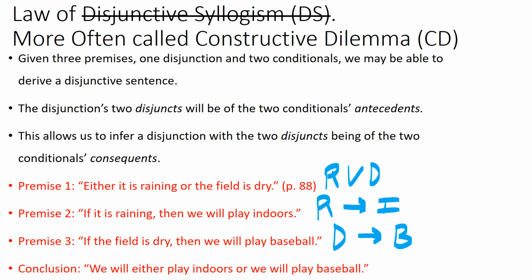Conclusion, therefore, we will either play indoors or we will play baseball. So I or B. As you can see, we have a disjunction, we have 2 conditionals. Since this disjunction is the case, it must be that I or B is the case, given these 2 conditionals.